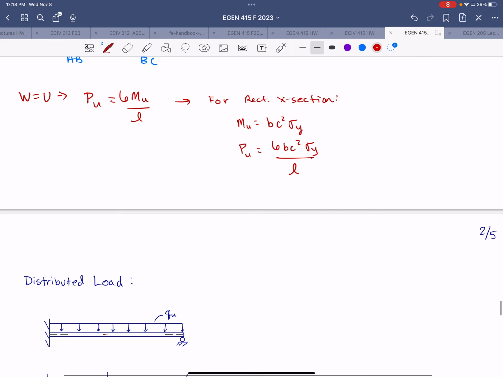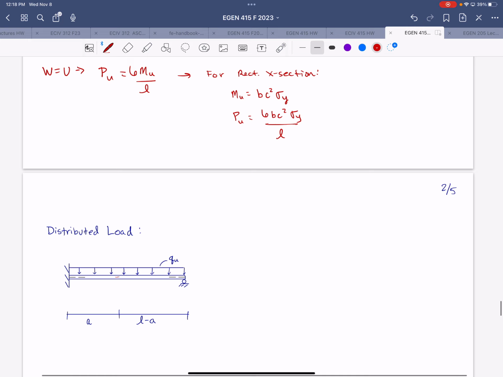So what if we have a distributed load? Similar approach. We're going to first consider the moment diagram. For the elastic moment diagram for a distributed load, we would have, again, a negative reaction moment at the fixed end.